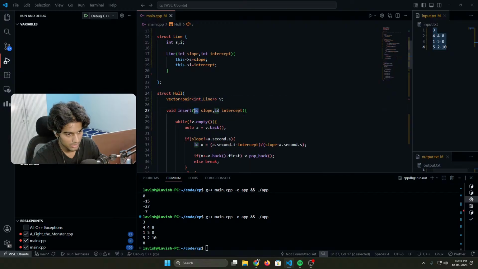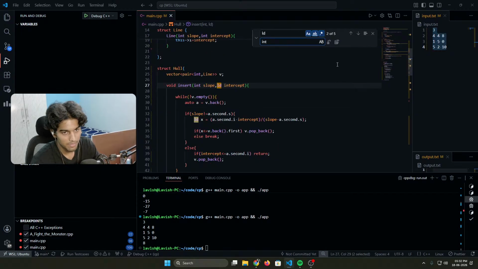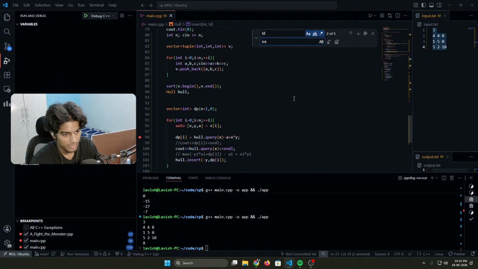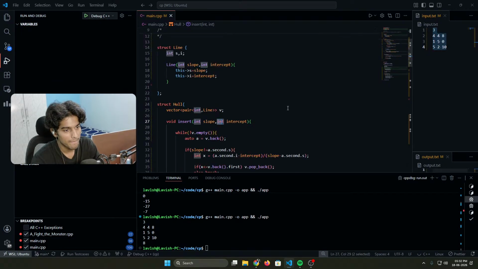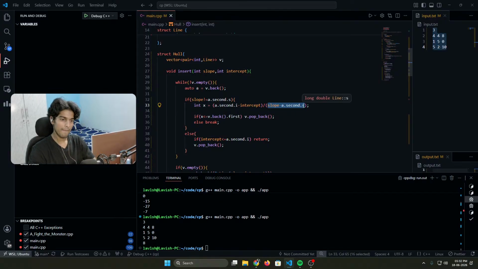X is also an integer. Let's case match. Let's replace them with int, right? Yeah, but here I can go with one less.